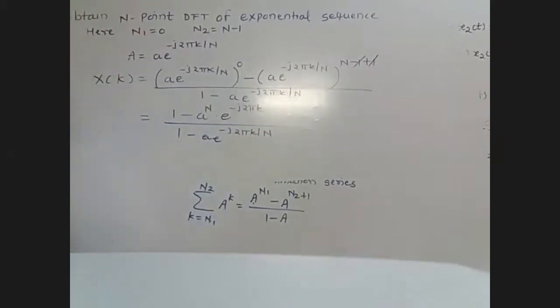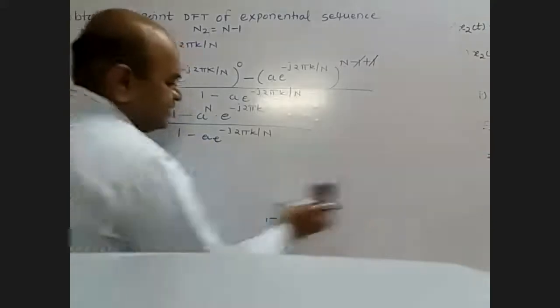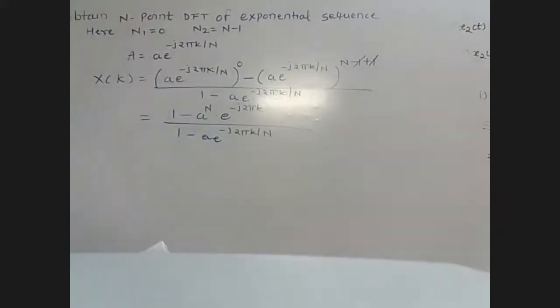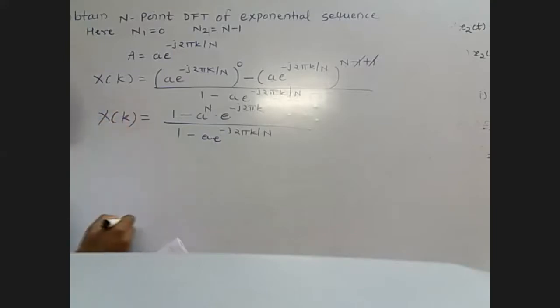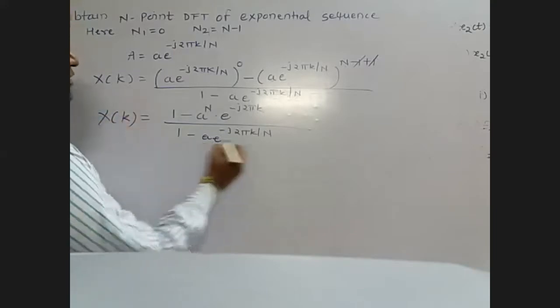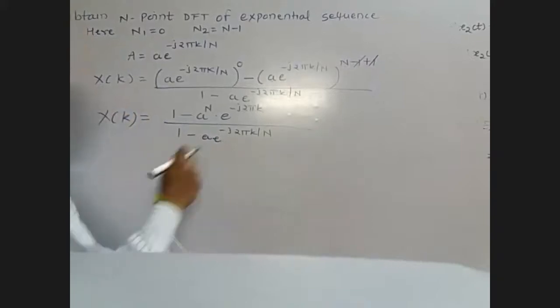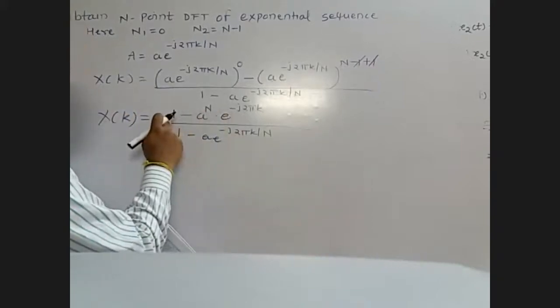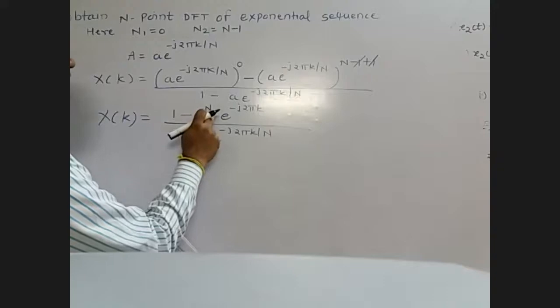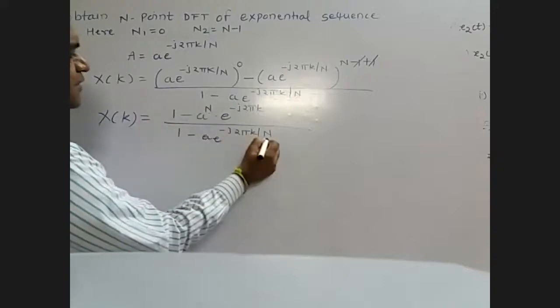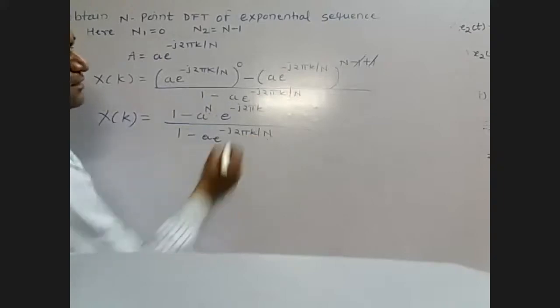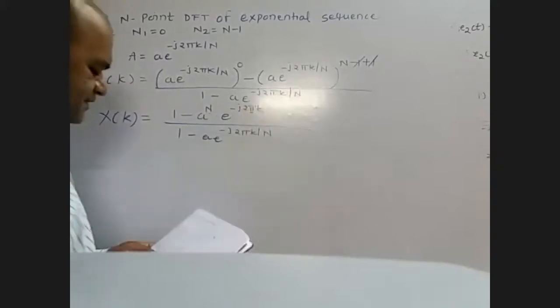Okay, now this expression is coming for x of k. Here in this expression there is no change, but in the numerator, 1 minus a raised to n, this will also be an n term. Because of this n we cannot deduct, but here only this term will be present.